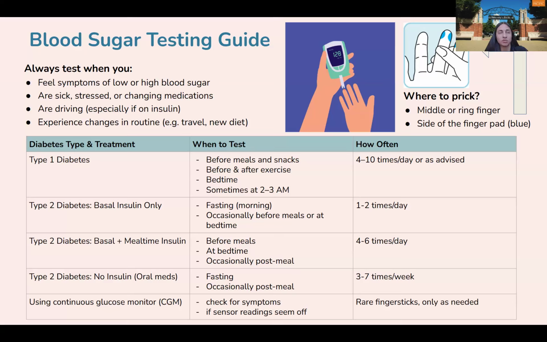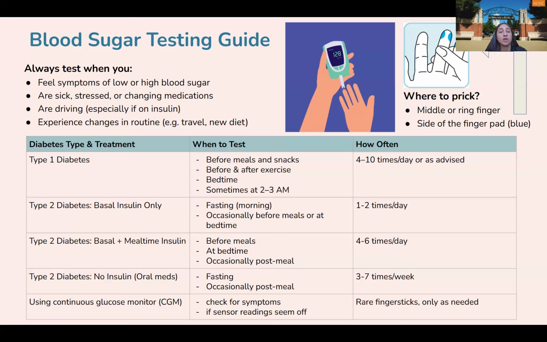Type 2 diabetes is also recommended to test blood sugar at the different times listed. And a continuous glucose monitor, a CGM you might hear, is when a patient has a glucose monitor actually in them, so it's constantly monitoring blood sugar levels, the spikes and lows, which some patients might have.